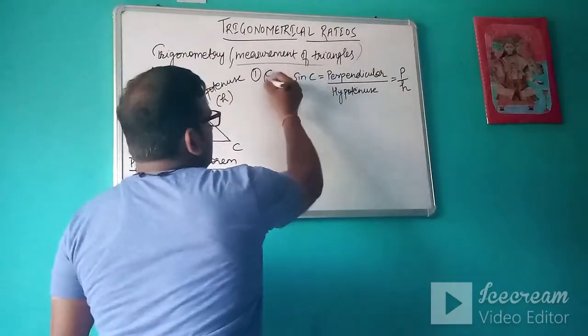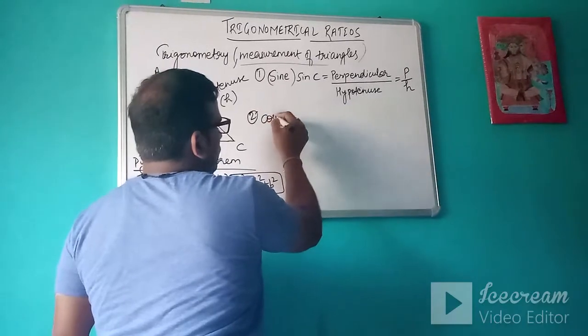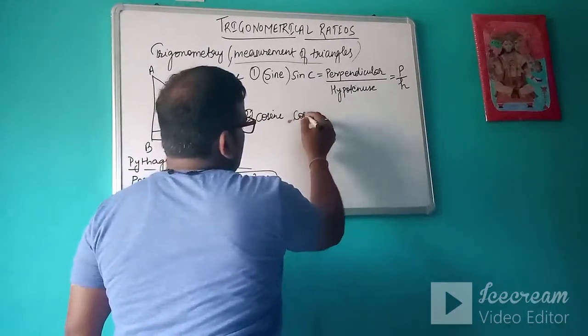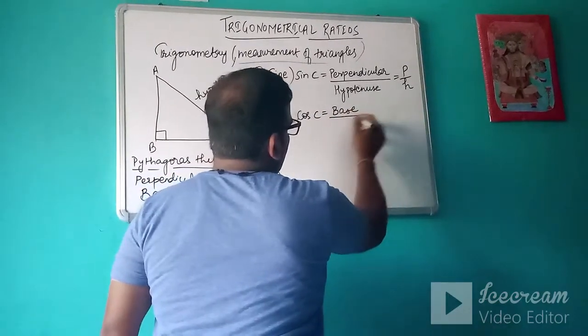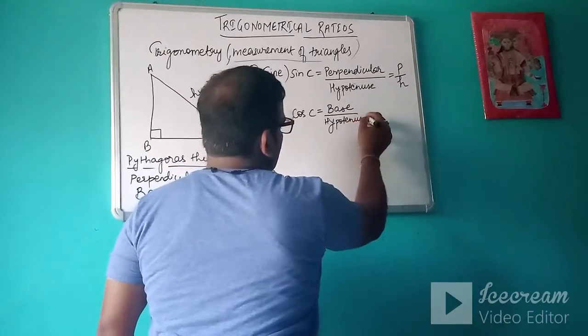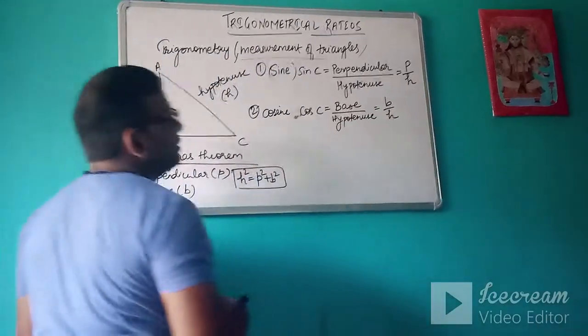Then next is cosine. The formula of cosine is cos of C is base upon hypotenuse, in short B upon H.